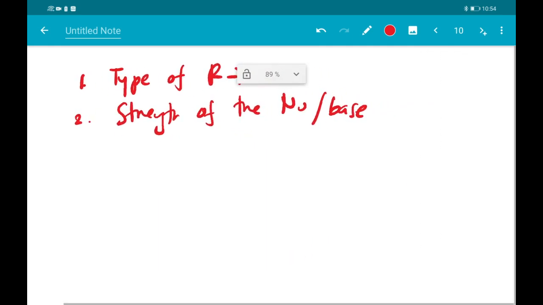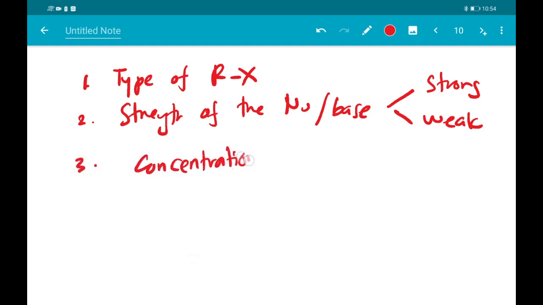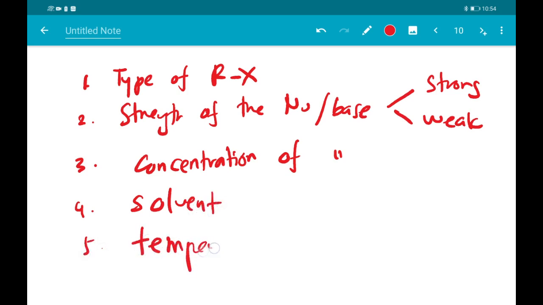Okay, there will be 2 possibilities, whether it is strong or weak. The third one will be the concentration of nucleophile and base. Number 4 is the solvent, and finally you will need to consider the temperature of the reaction.